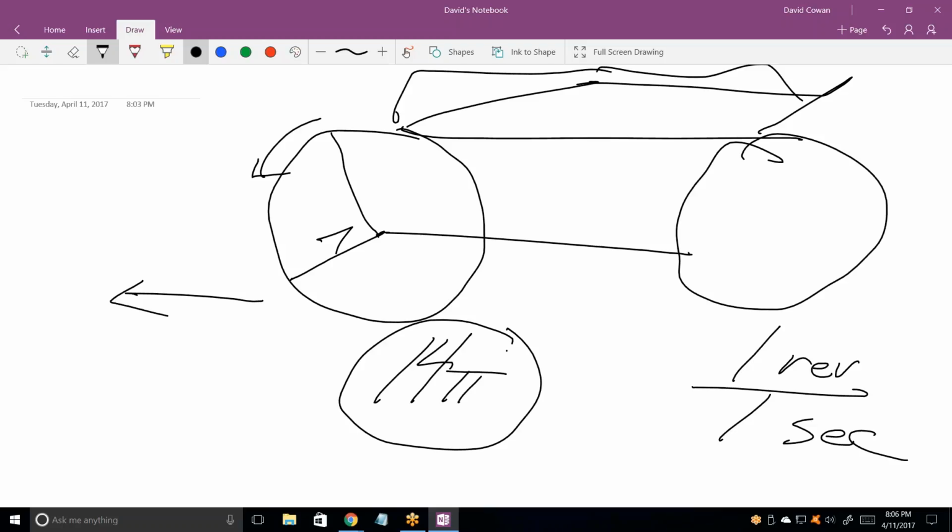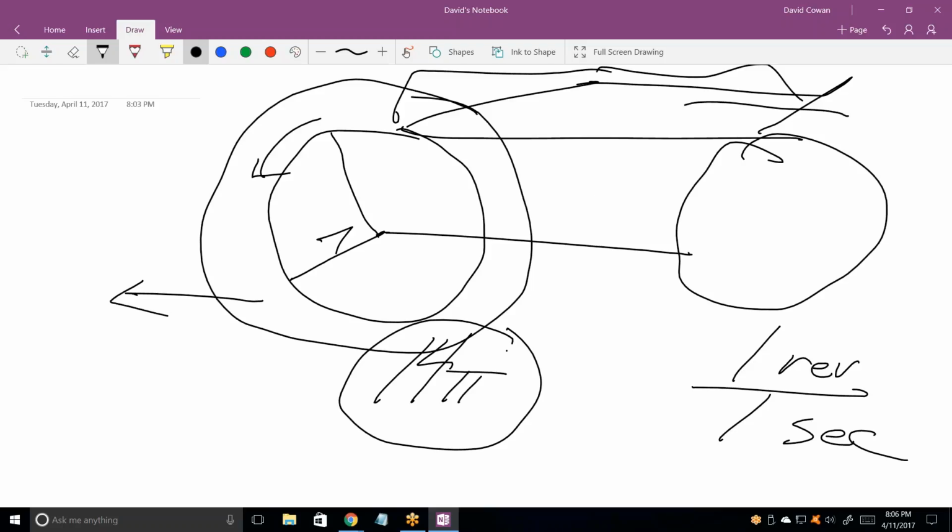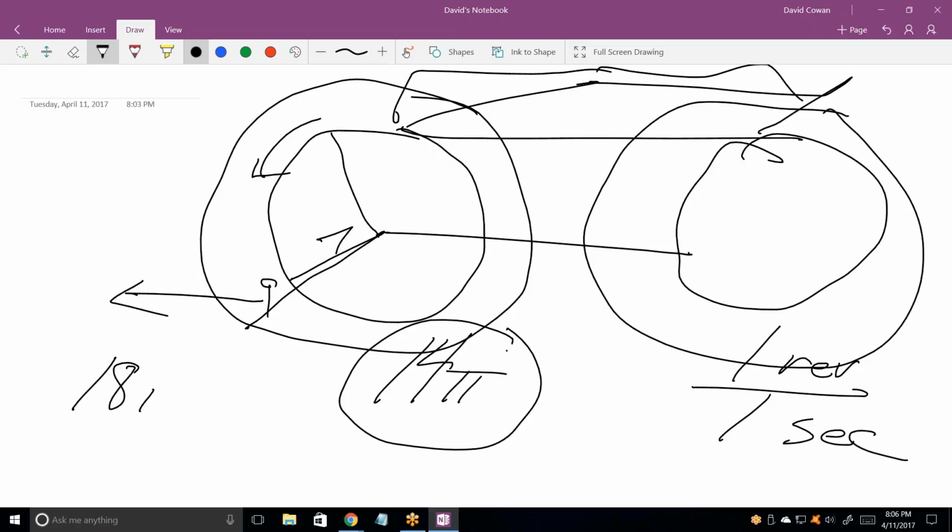Now, that's an interesting point, because think about the size of wheels. Have you ever seen these monster trucks? Obviously, if you had a bigger wheel and you were still able to go 1 revolution per second, and the radius on this bigger wheel is 9, let's say, that vehicle moves 18 pi per second forward.